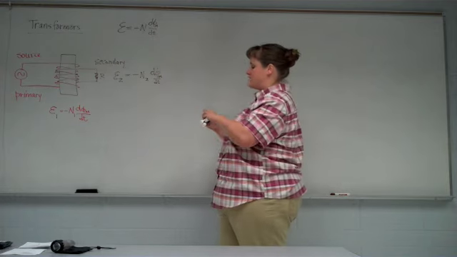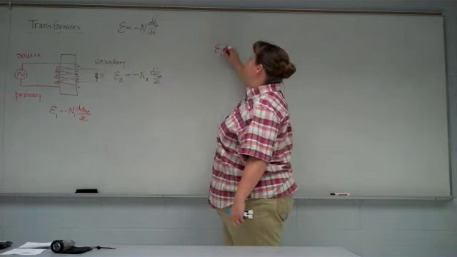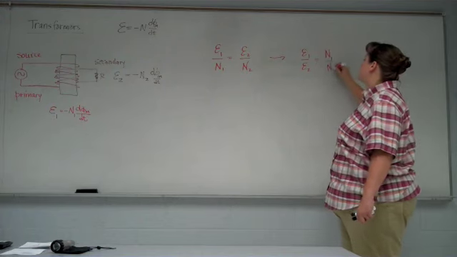So that means we can set the ratio of the induced voltage in coil 1 over N1, which is solving for d phi dt, equal to the voltage of the secondary over N2. We sometimes rewrite this and say voltage 1 over voltage 2 equals N1 over N2.